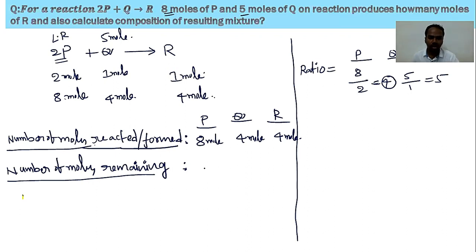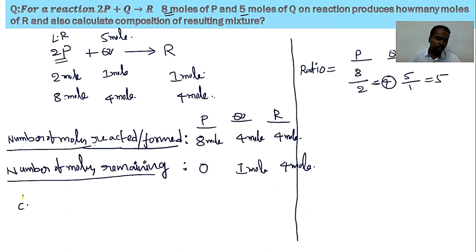Then how many moles are remaining? 0. The number of moles of Q given is 5. Out of 5 moles, 4 moles reacted and 1 mole is in excess, unreacted and remaining in the final reaction mixture. And 4 moles of R produced also remain in the final reaction mixture.